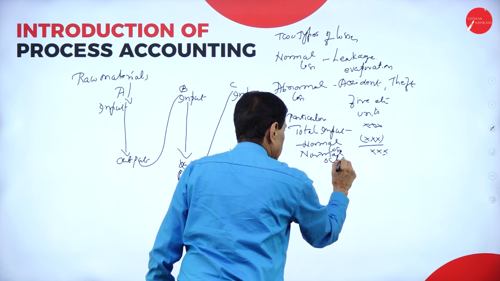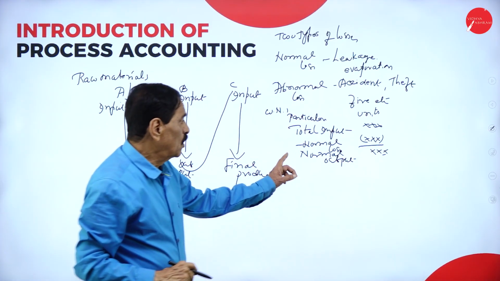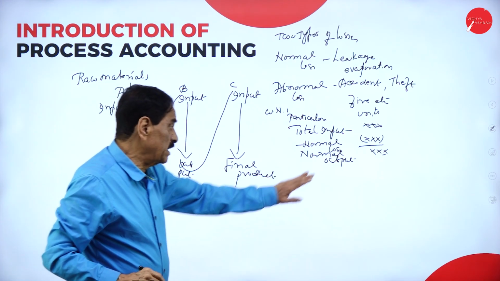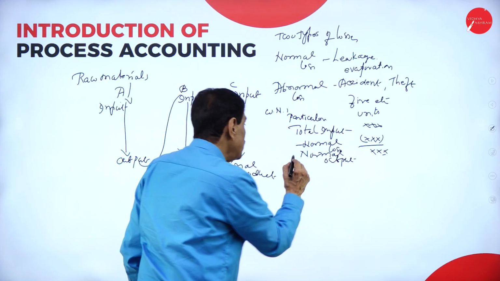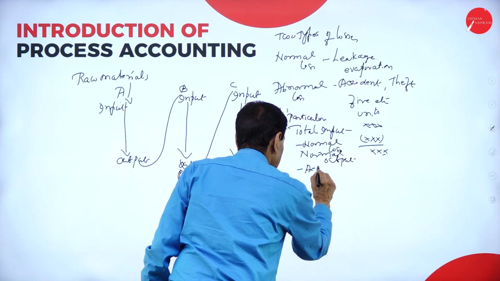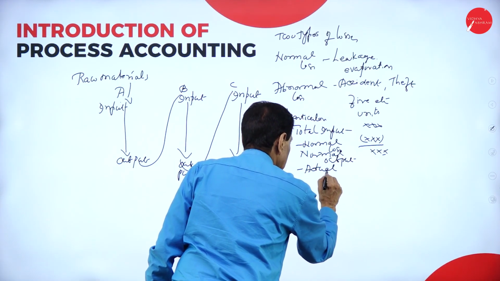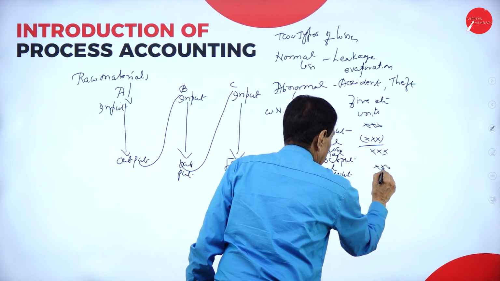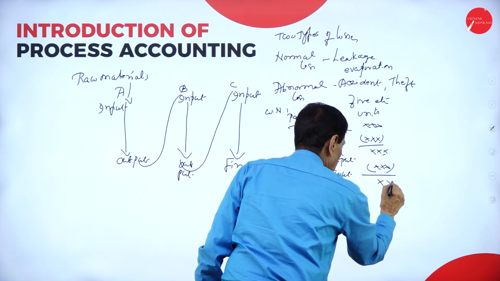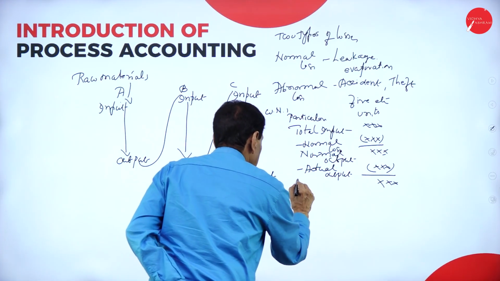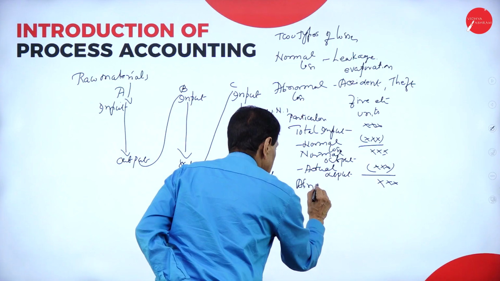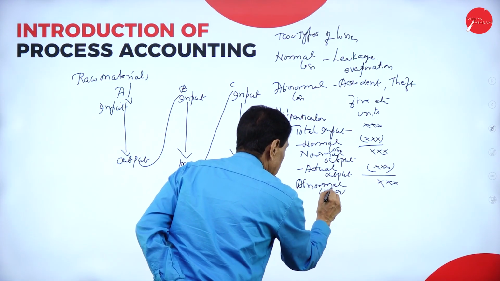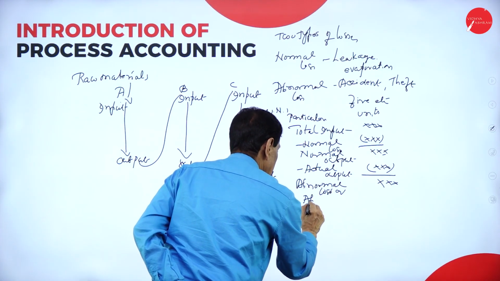Normal output is total input minus normal loss. This normal output minus actual output, the difference is called abnormal loss or abnormal gain.